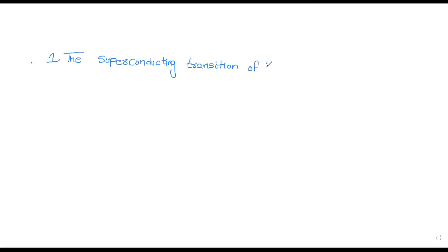The transition temperature of lead is 7.2 Kelvin, right? Then they will ask you about the initial field.